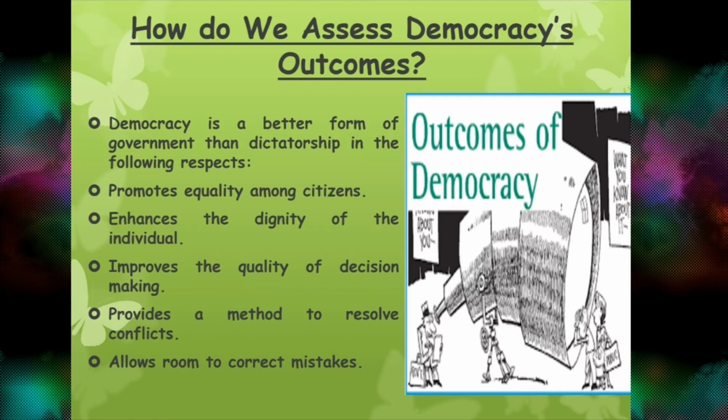Instead, that crime will be investigated thoroughly. They consider on what basis and in what situation the criminal offense was committed. So accordingly, the person will be given a lighter punishment. In such a way, it allows room to correct mistakes.